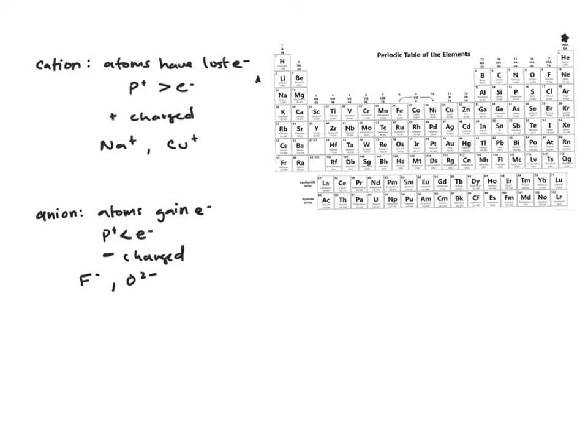So if we look at period 2 here, obviously elements on the right side of this period are going to be closer to neon, and those further to the left are going to be closer to helium. Okay, and so depending on that proximity, that's going to dictate whether electrons are gained or lost.